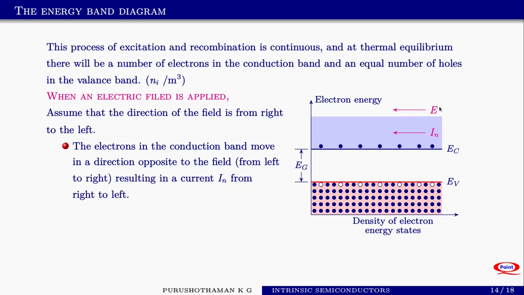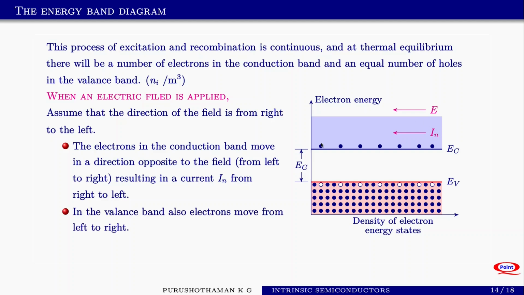When we apply an electric field from right to left, electrons will move from left to right, in the direction opposite to the field, resulting in a current In from right to left. The direction of current is opposite to the flow of electrons. So electrons moving from left to right will constitute a current In from right to left. This is in the conduction band.